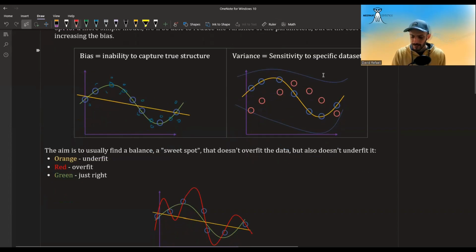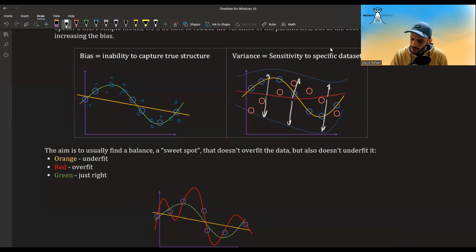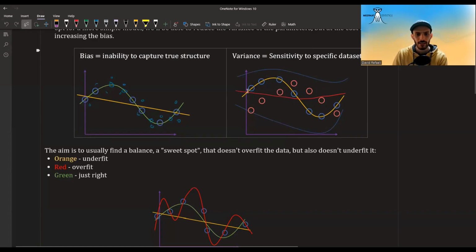As for variance, suppose that our true structure is something like this, but there is some variability to the data, and it can be represented by these two curves over here that represent the variability interval. Our data actually comes from this, and we can have data here and here. Suppose that one time we draw the data and we get these blue points, and now we fit our super expressive neural network to it, and it fits this beautiful orange line, and we think, oh great, we found a great model.